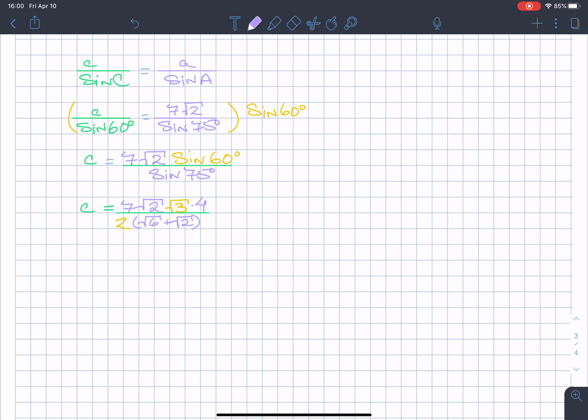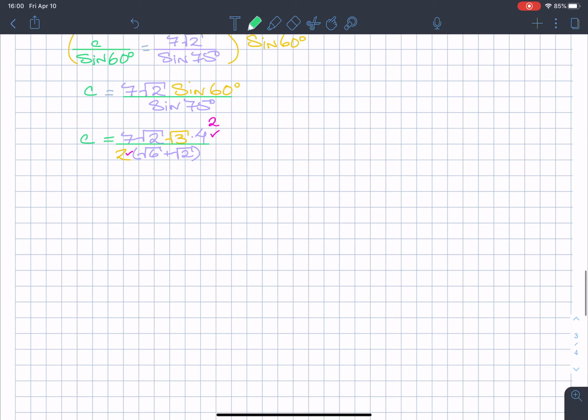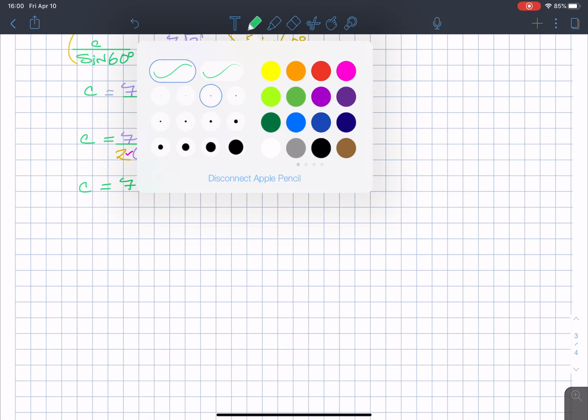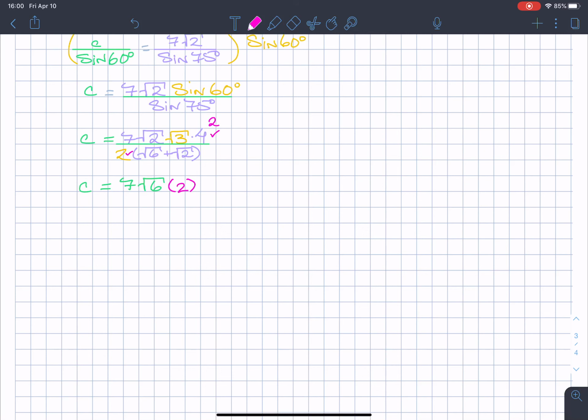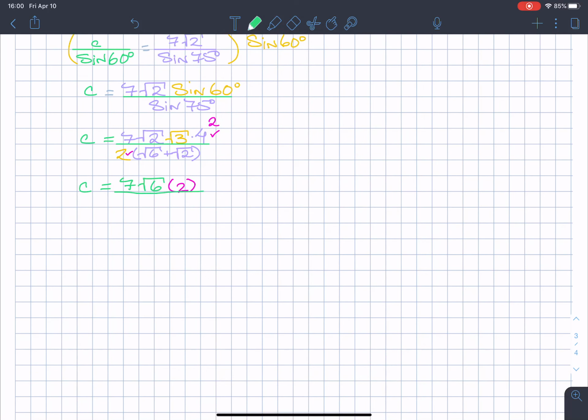So what do we have here? We have 2 goes into 4 twice. So we get C is equal to 7 times the square root of 6 times 2, all divided by the square root of 6 plus the square root of 2.